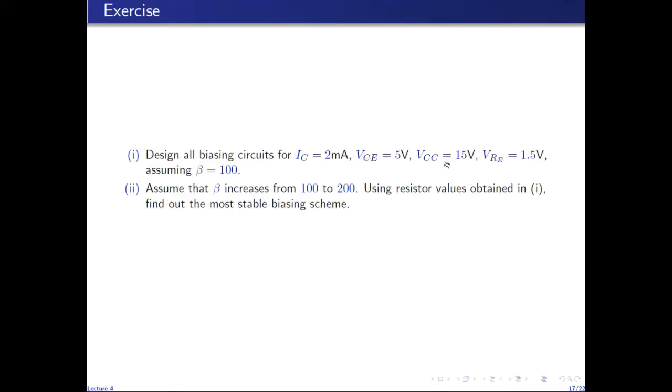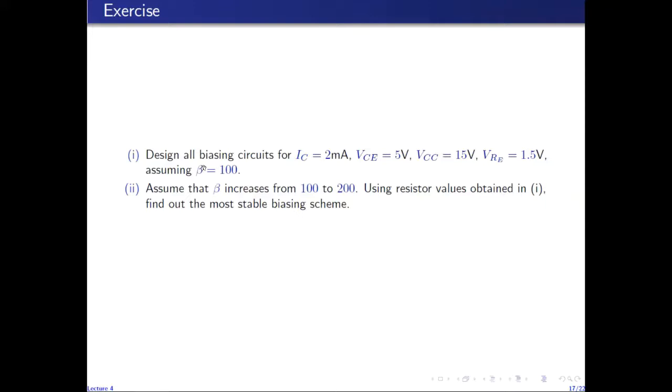So you just need to plug these numbers into the equations already shown in the previous slides to find the respective collector, base and emitter resistance.